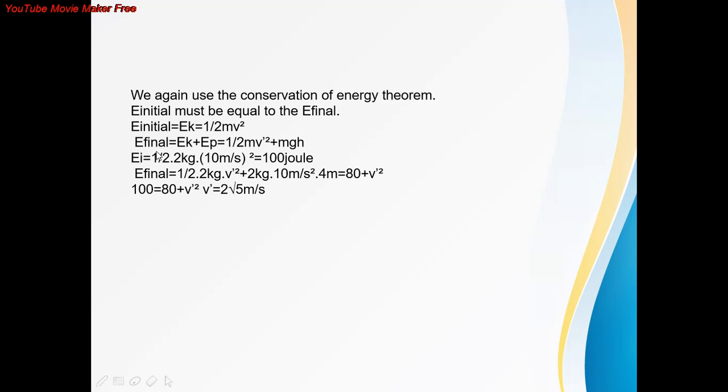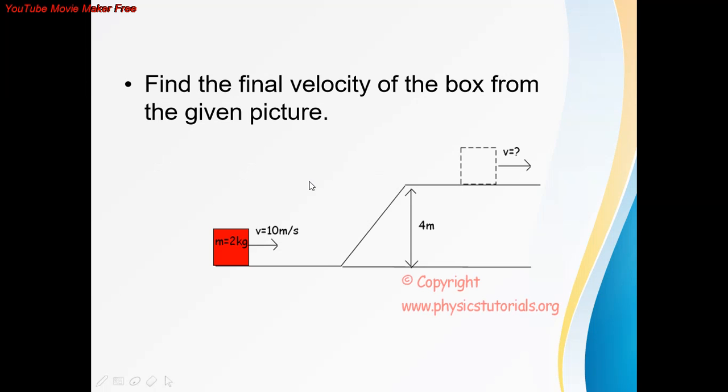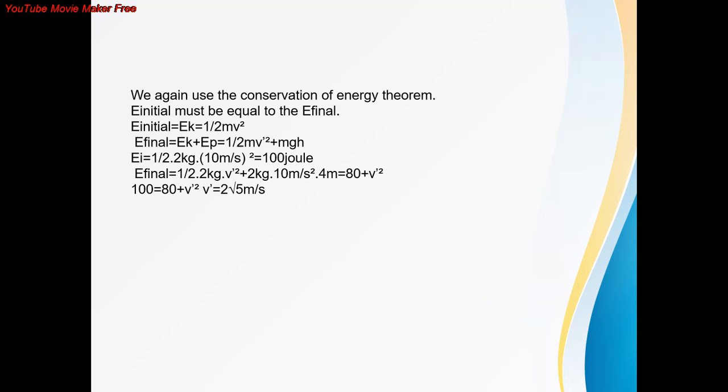E final would have kinetic energy as well as potential energy, because now the box has moved this distance and this height also. So there will be both potential energy and kinetic energy: EK plus EP, where EK is 1 by 2 mv dash square plus mgh.